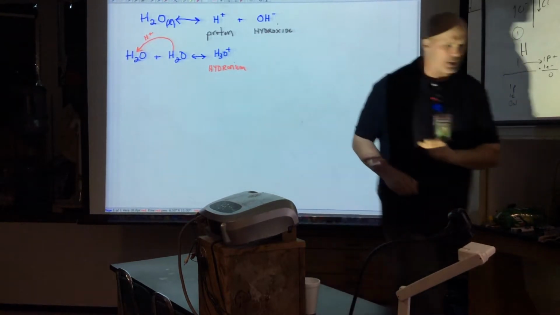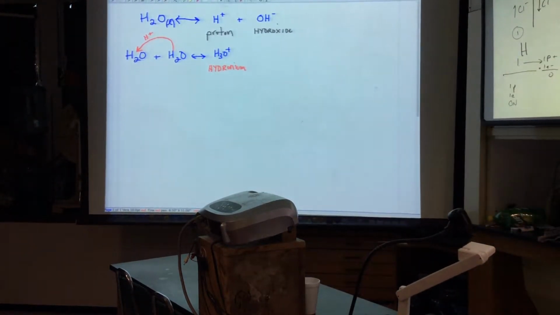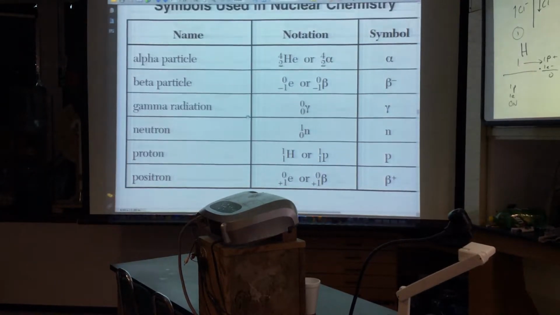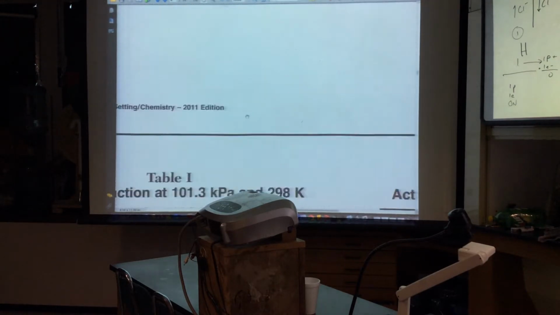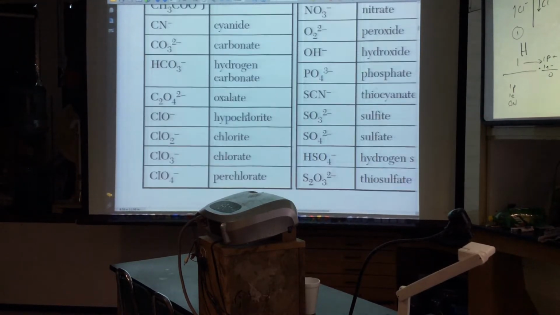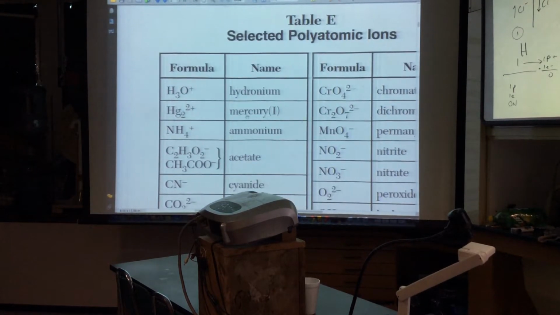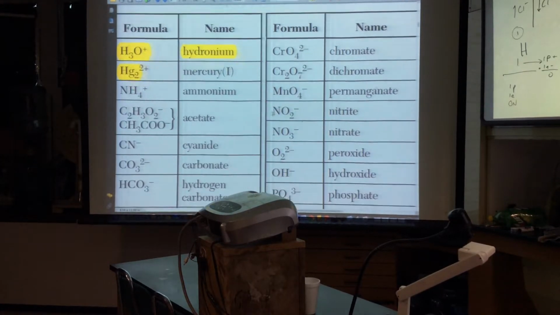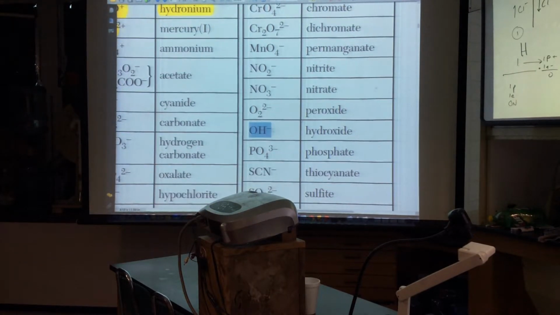If you don't know what a hydronium ion is, you go to table E, and we'll see that the hydronium ion is listed. Notice it sounds very similar to OH minus. So there is the hydronium ion in all of its glory. Okay, so there you go, H3O plus, and then we have the hydroxide.